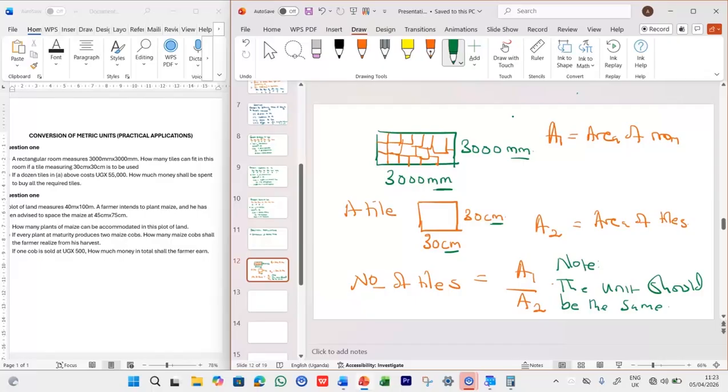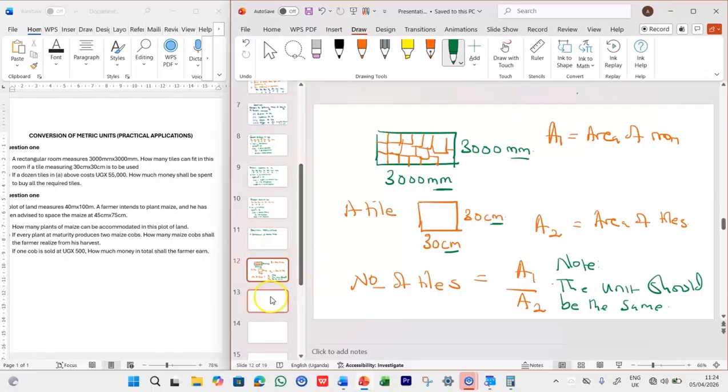If you choose to use millimeters, then the area of a tile should also be expressed in millimeters. You cannot use millimeters and centimeters together. And that is a trick in the question.